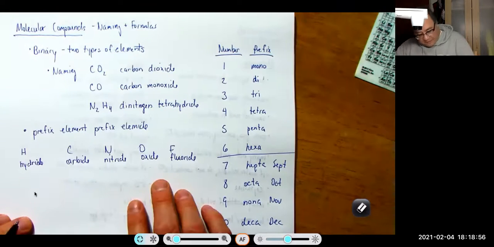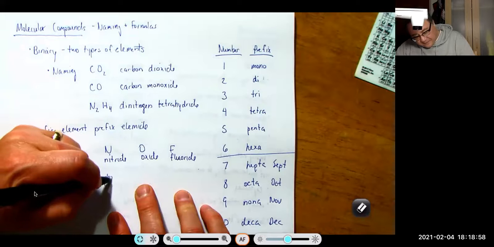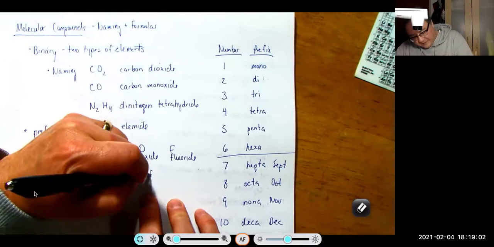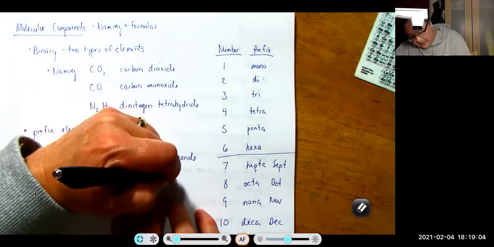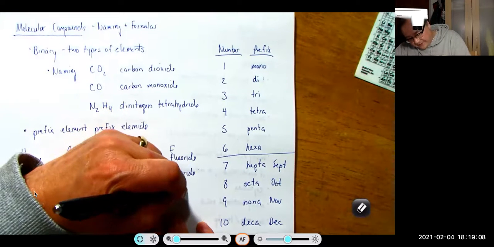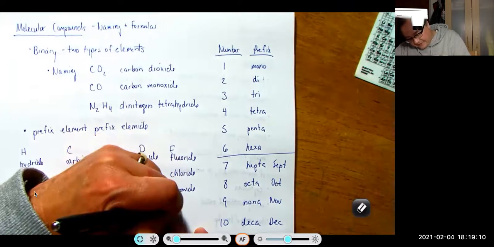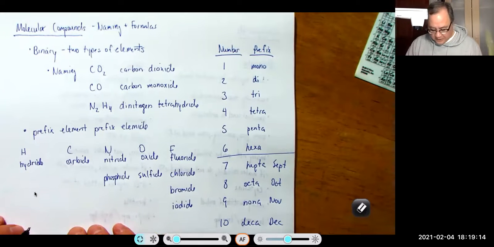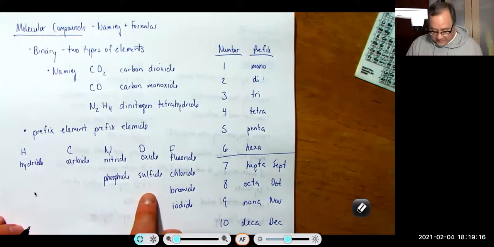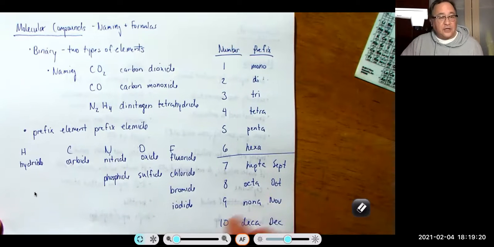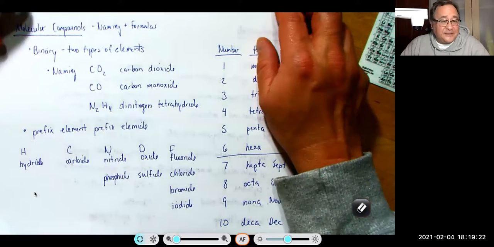And then you have phosphide, sulfide, chloride, and then you have bromide and iodide. And those are the ones you should know. You don't need to know selenide and telluride. That's all right. So, any questions about the ides?